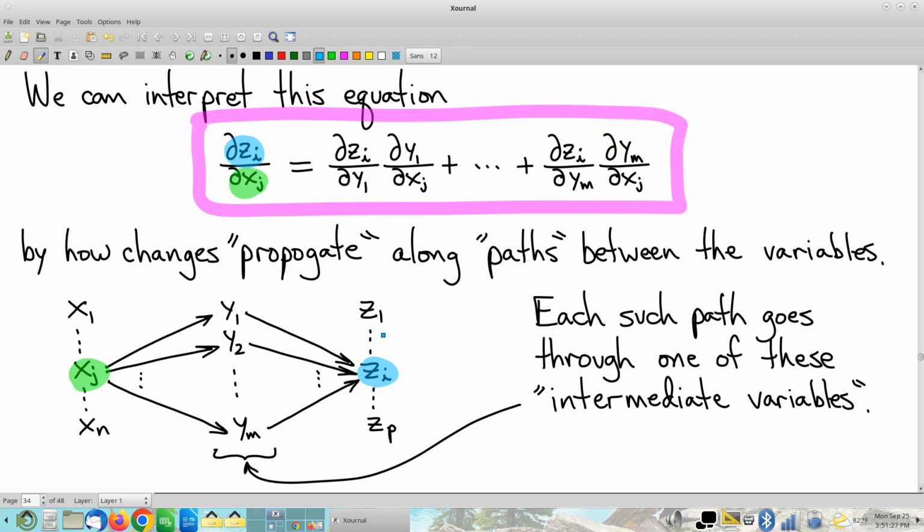It's going to make all these different y variables change, and each one of those by itself, let's think about what happened when y1 changes. If y1 changes, the mere fact of y1 changing, setting aside that, yeah, the other y's are changing too, the mere fact of y1 changing will cause changes in zi.